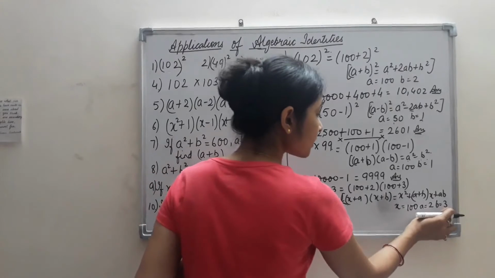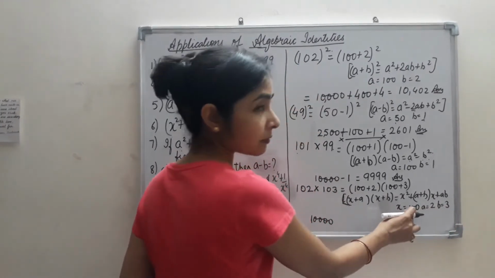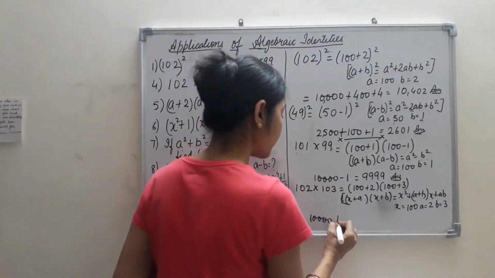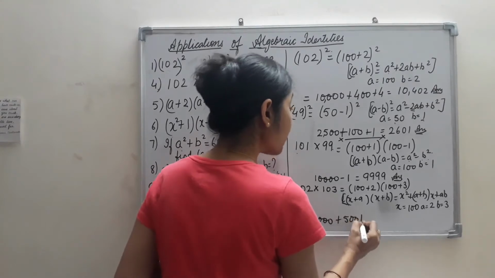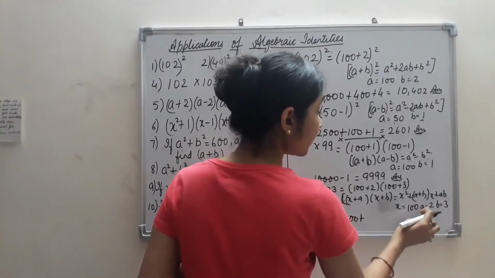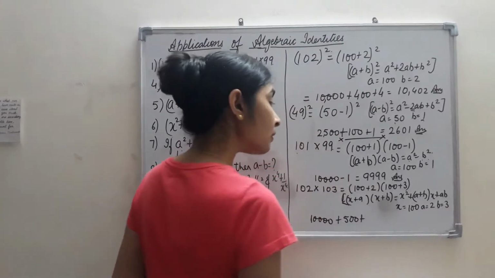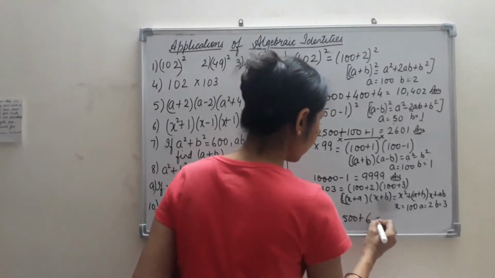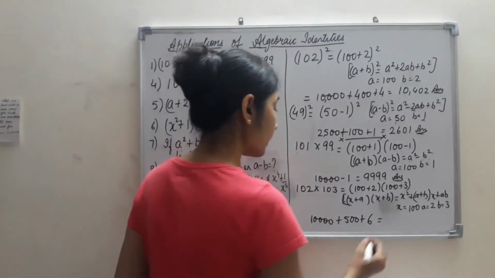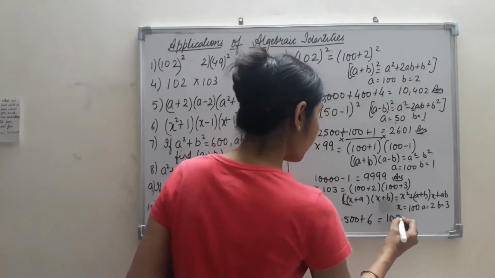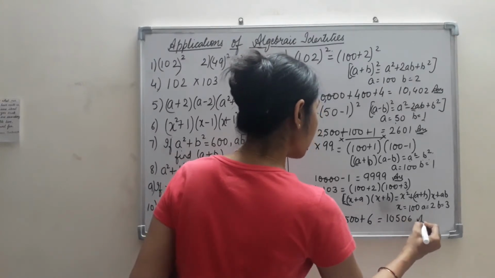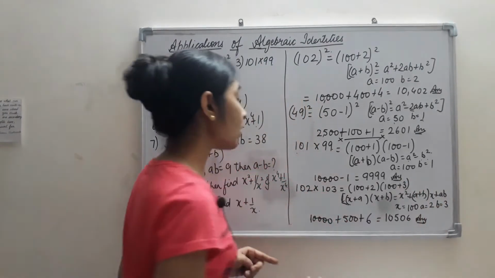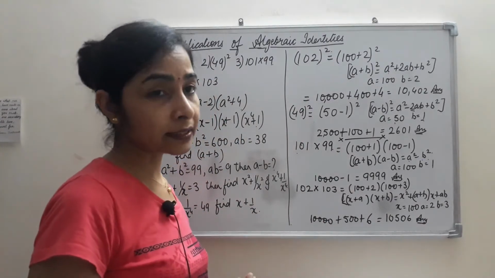So 5 multiplied by 100 gives us 500. So plus 500, plus a multiplied by b, that means 2 multiplied by 3. 2 3s are 6 we have got. So our answer is 10,506. Just multiply and check your answer whether it is correct or not.